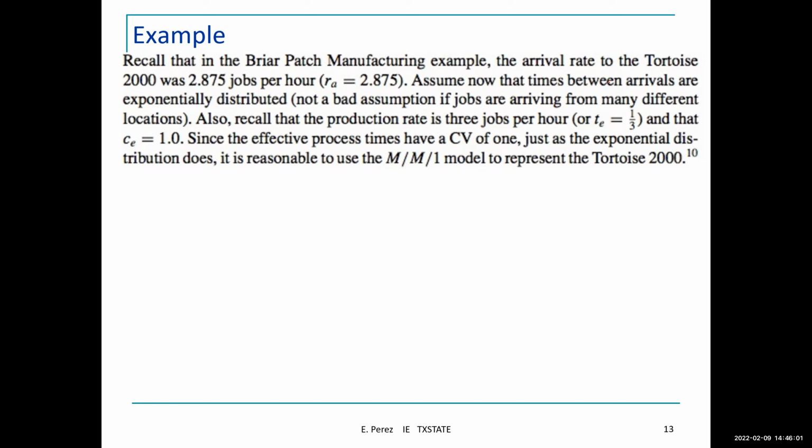Also recall that the production rate is 3 jobs per hour. So TE is equal to 1/3, and C, the coefficient of variation for the effective processing time, equals 1. Since the effective process time has a coefficient of variation of 1, just as the exponential distribution does, it is reasonable to use the MM1 model to represent this machine.